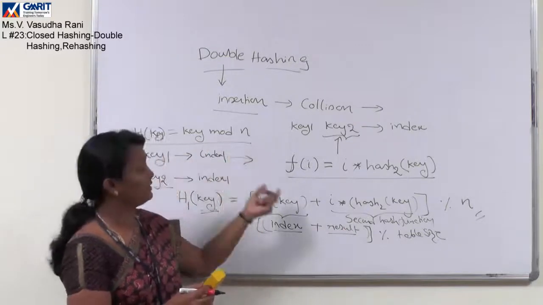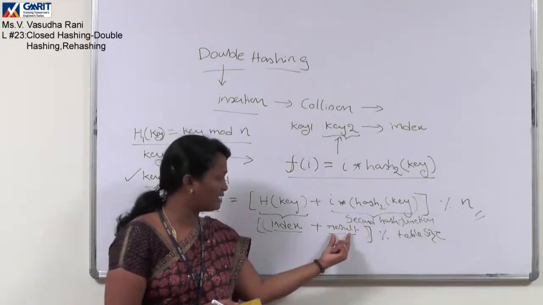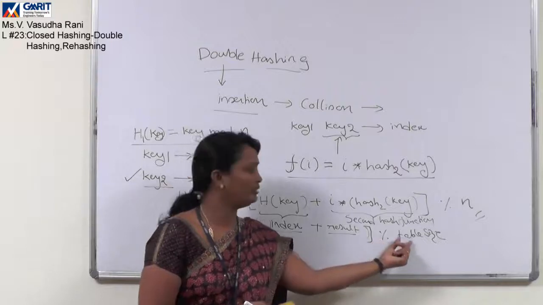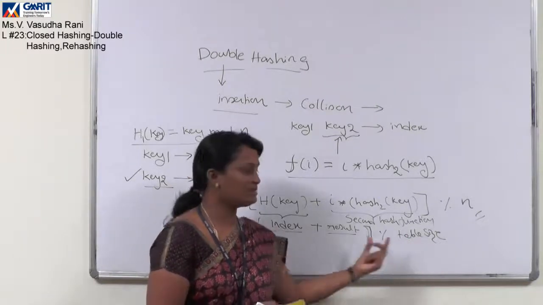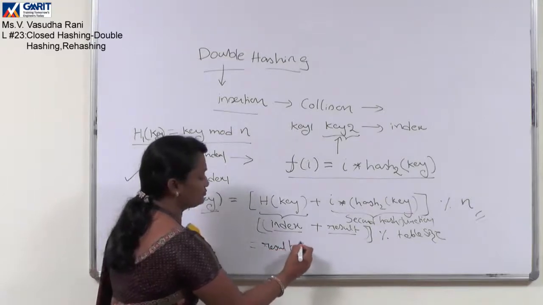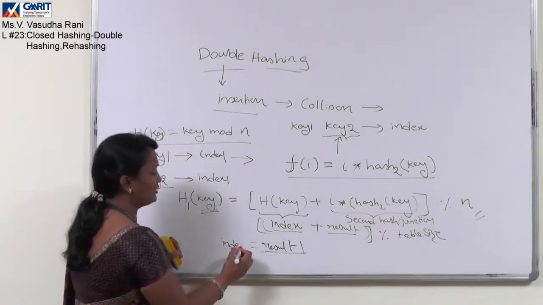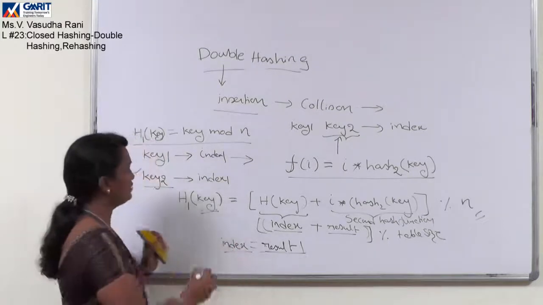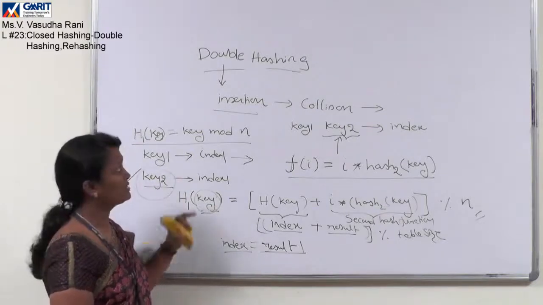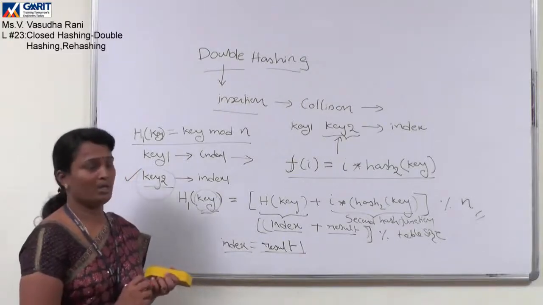Here in double hashing, the result of the second hash function is added to your index, and this whole result is again taken modulo your table size. The final result gives us the empty location for storing your key 2. So this is how collisions can be solved using double hashing.